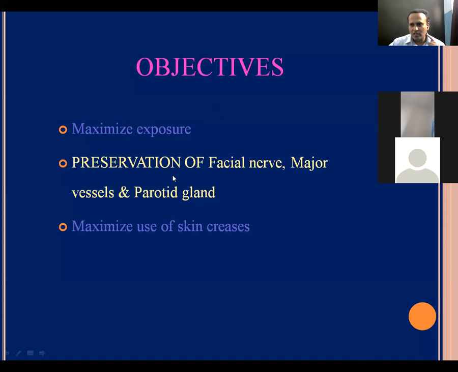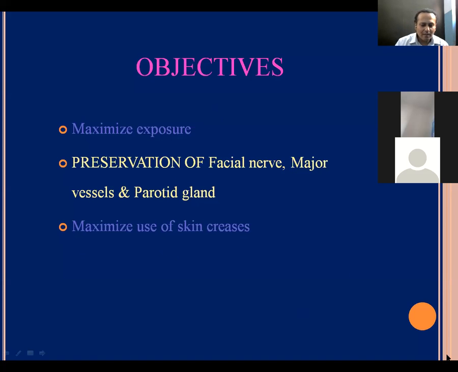Now, preservation of these things, maximum exposure of the joint region, and maximum use of skin creases. Skin creases means, see, there are some natural folds in the skin. See this. So if we use the incision in those skin creases, then the chances of scar formation are minimum.